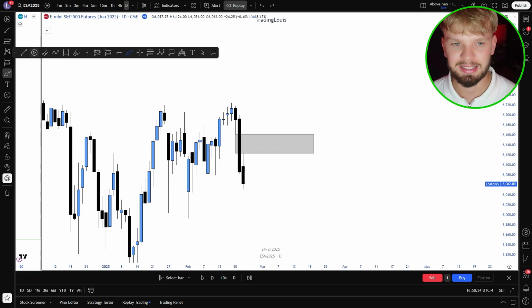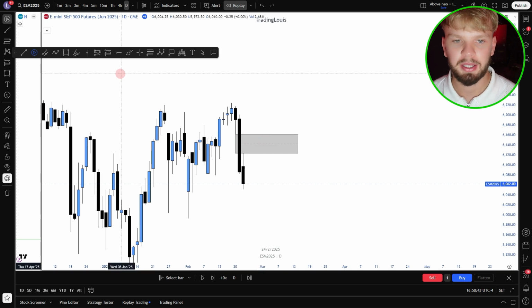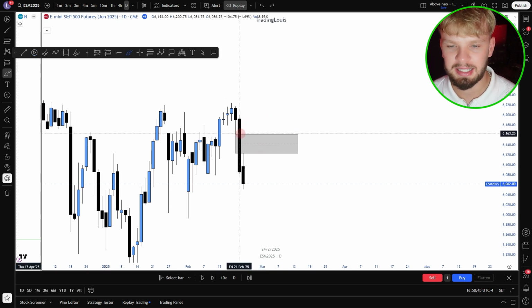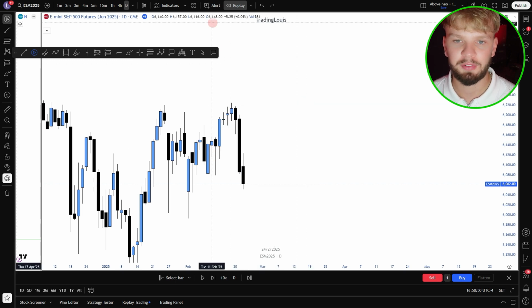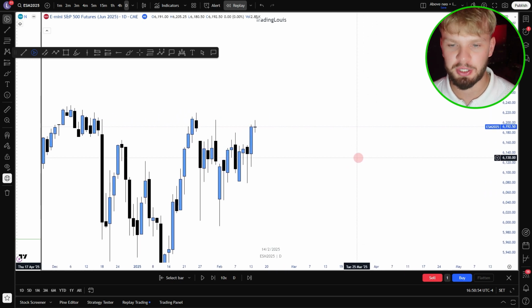So remember, it is simply a 3 candle pattern formation where the first and the third candle don't touch, connect, or overlap. We know that this is a bearish fair value gap because the second candle right here is bearish. And guess what? If we're looking at a bullish candle, we have a bullish example right here. Now this is a bullish fair value gap.